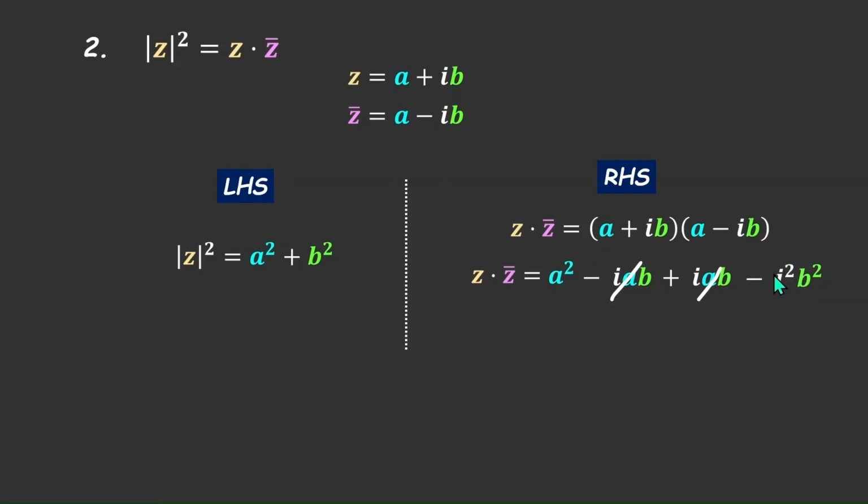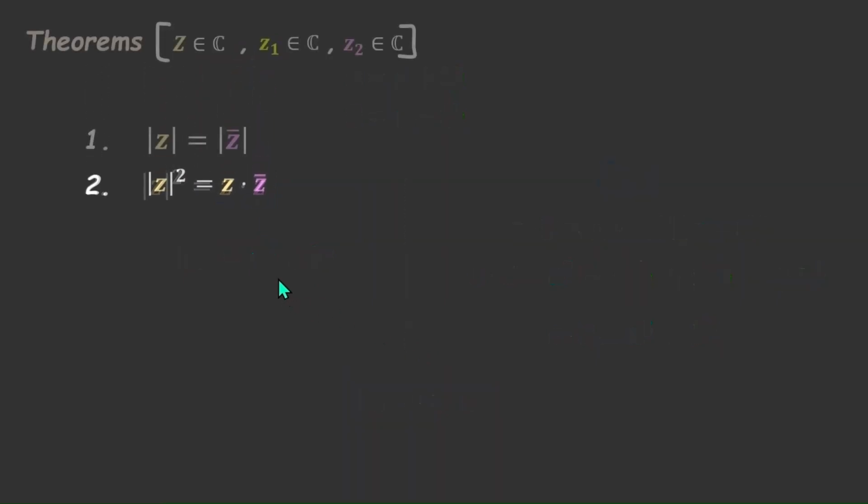So this becomes plus. So we have z into z conjugate is equal to a square plus b square. And this is exactly what was there on the LHS. So we get that LHS is equal to RHS and this is the theorem. So this is also proved.